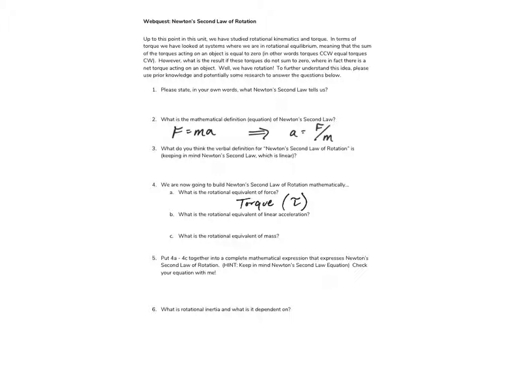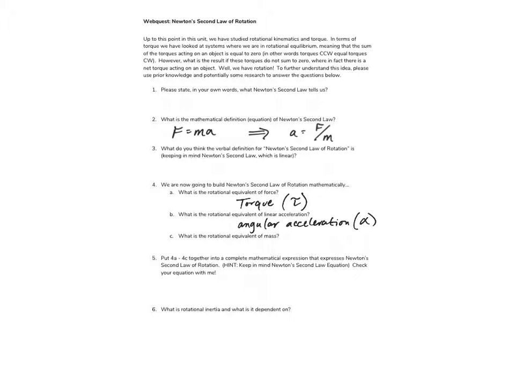Rotational equivalent of linear acceleration. This one should have been pretty easy because we've already talked about this through that rotational kinematics section that we did. So linear acceleration, rotational equivalent is angular acceleration. And that is our alpha, or fishy.